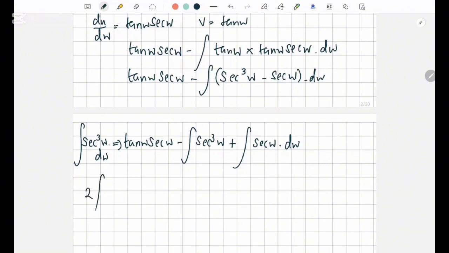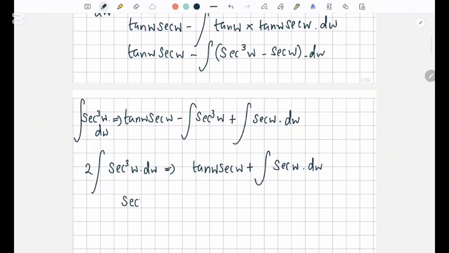So then we'll have 2 with your integral sign, sec cube w dw equals tan w sec w plus the integration of sec w dw. Now let's divide both sides by 2. So we have the integration of sec cube w dw equals half into tan w sec w plus half with your integral of sec w.